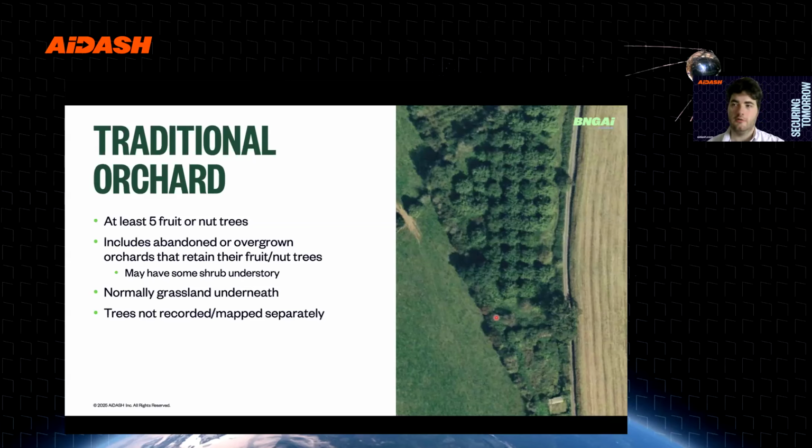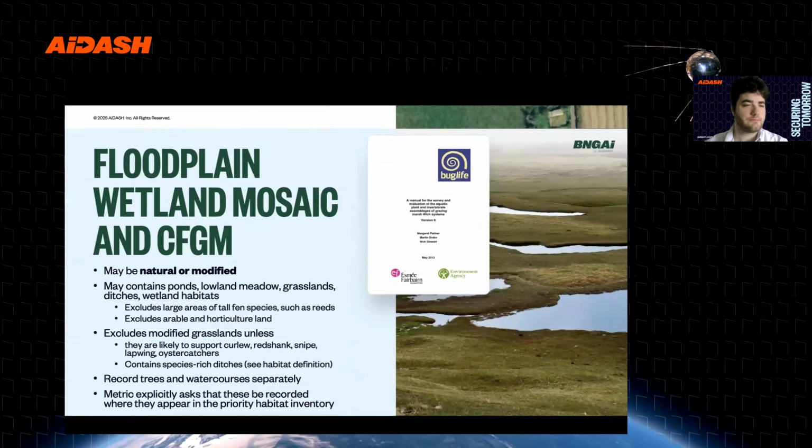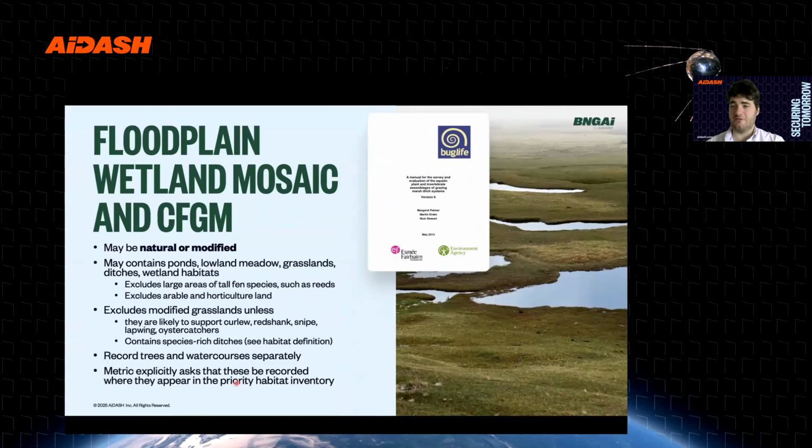Where we come to the non-fruit trees, the non-nut trees that maybe are on the edge of the site, I think there the guidance is not as clear, but I would suspect that you should map those. But those fruit trees that are on the site, we're not going to be recording that as woodland. We're not going to be mapping them as individual point features. Yes, right. So that was quite straightforward, I think.